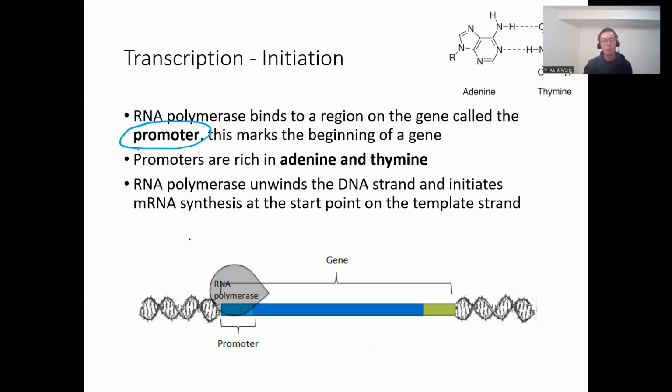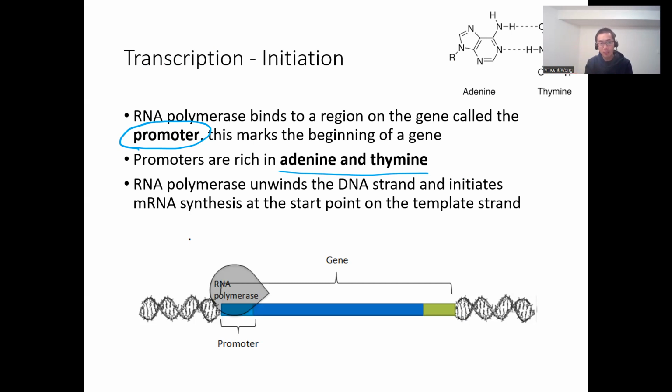Promoter. The promoter is rich in A's and T's. There's a lot of adenine and thymines in it. And it's not surprising. I've been trying to tell you this since lecture 2. Adenine and thymine only has 2 hydrogen bonds connecting them. So if the promoter has a lot of A's and T's in it, it's easy to open it. It's easy to unzip it.